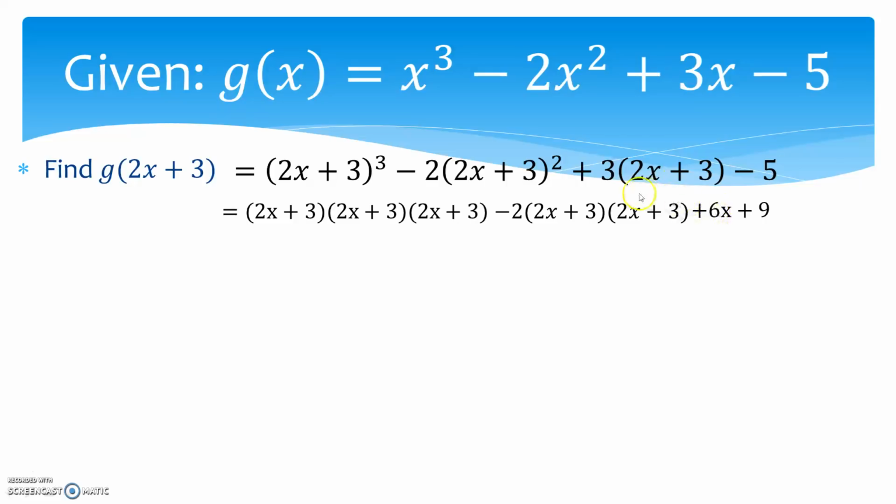So, we have positive 6x plus 9. Then, minus 5. So, kung ito ay ating i-multiply lahat, ang kanyang resulta ay 8x cubed plus 36x squared plus 54x plus 27. Paki-verify na lang po.